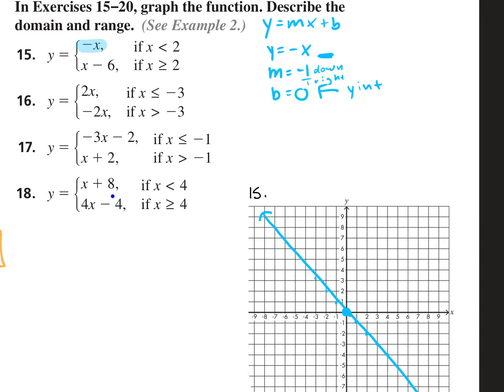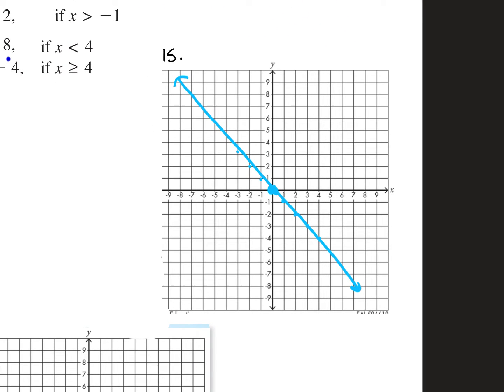Now, once we draw the line, we always have to check our restriction. So this tells me that x is less than 2. I feel like it helps when you draw a line at that x value. So I'm going to go to where x is 2 and put a line there. Now I'm talking about x values that are less than 2. Would that be to the left of this line or to the right? To the left.